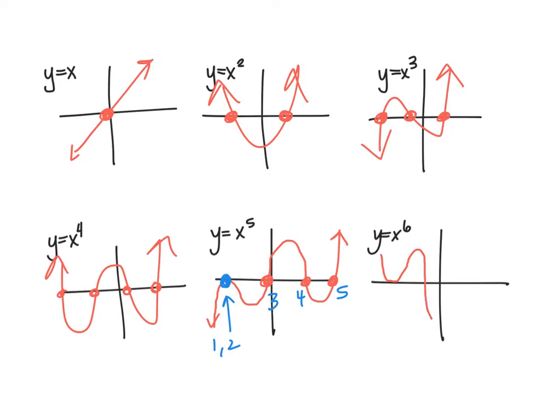So 6 is going to cross 6 times. And I want to show you on this one, this is 1, 2, 3, 4, and 5 and 6 are right here. They're imaginary roots. So that's 5 and 6. That's my 2 imaginary.